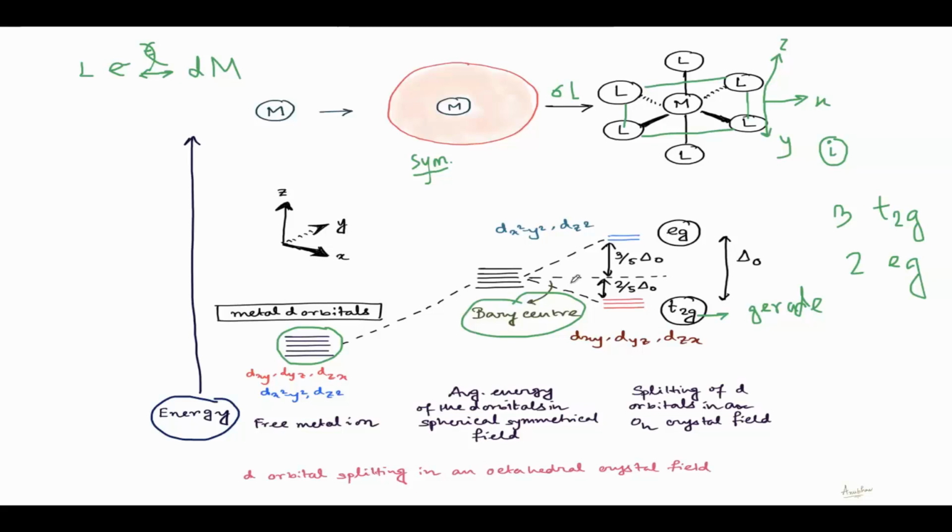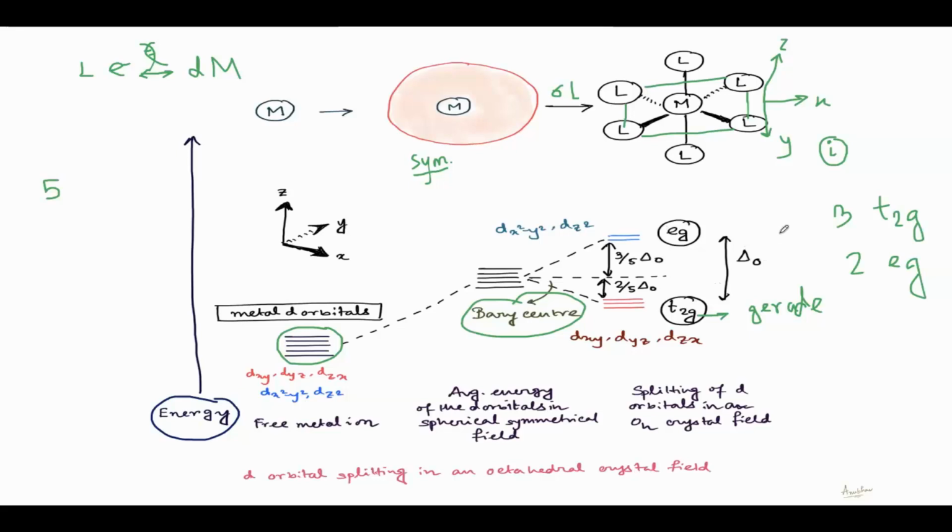Now what will be the energy of each orbital? That is quite interesting to know. Here you can see we are having 5 orbitals. And the gap between this T2g and eg orbital is termed as delta O, where the O stands for the octahedral geometry.